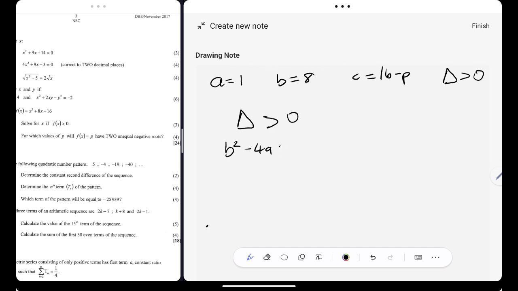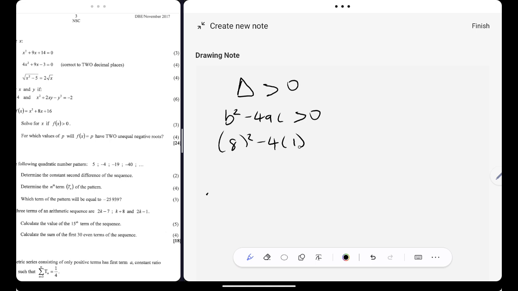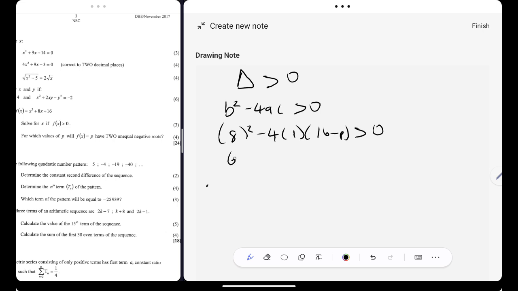b squared minus 4ac greater than 0. b is equal to 8. 4a, a is 1, and then c is 16 minus p. That's greater than 0. 8 squared is 64. 4 times 16 is minus 64 plus 4p is greater than 0.